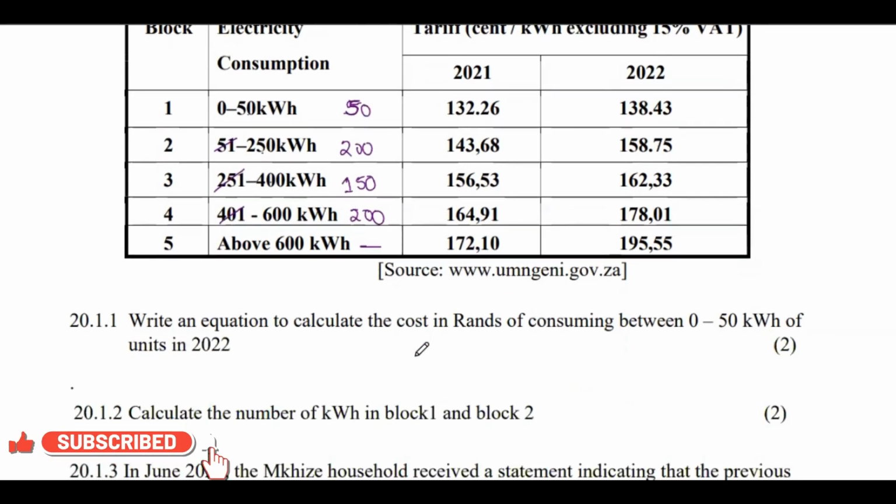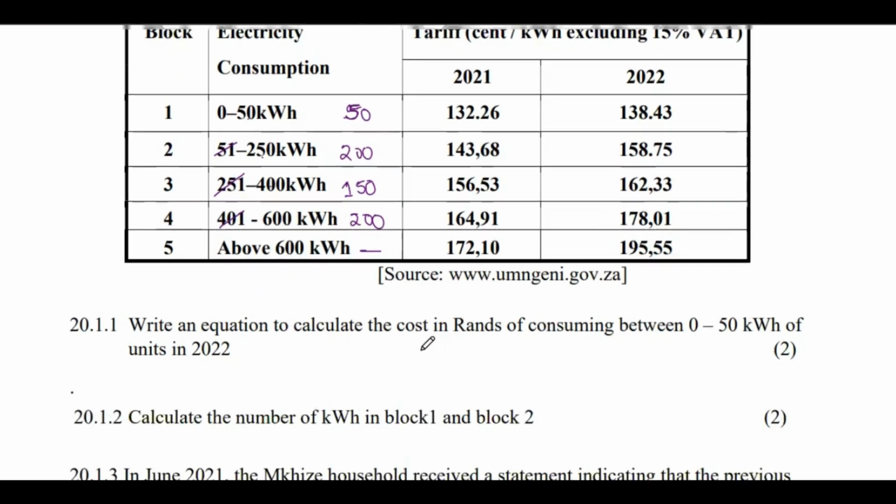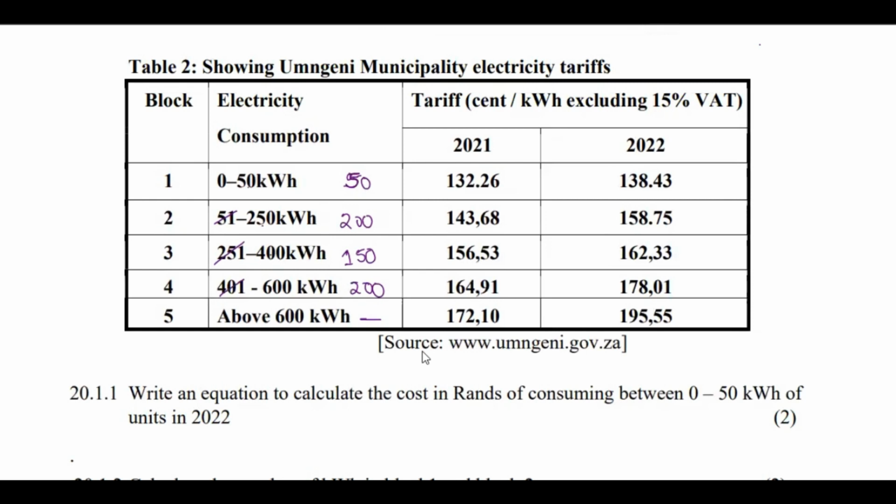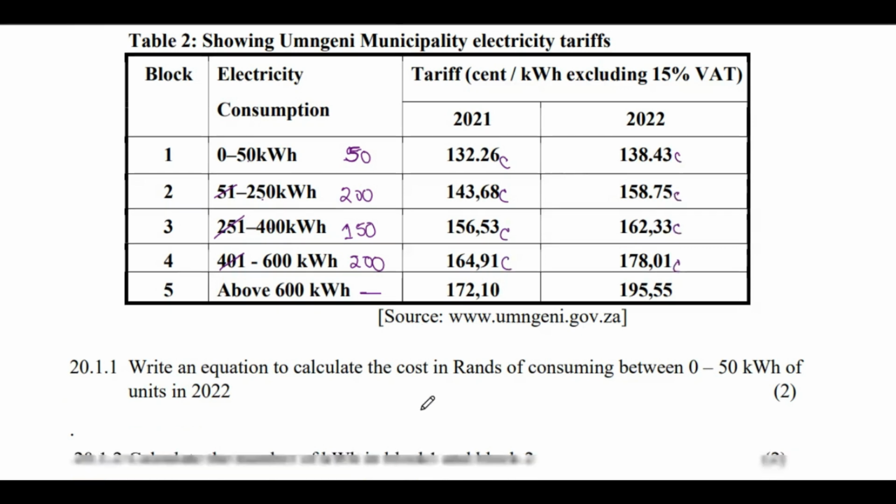Write an equation to calculate the cost in rands of consuming between 0 to 50 kilowatts of units in 2022. Now we are looking at the prices that we have. These are cents, but they want them to become rands. When we are changing from cents to rands, we divide by 100.